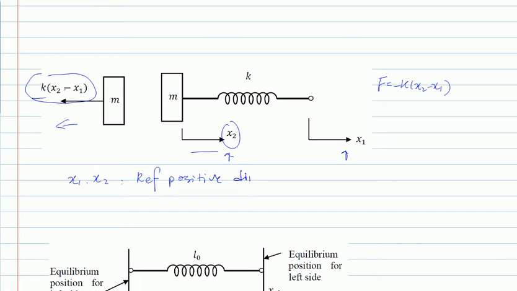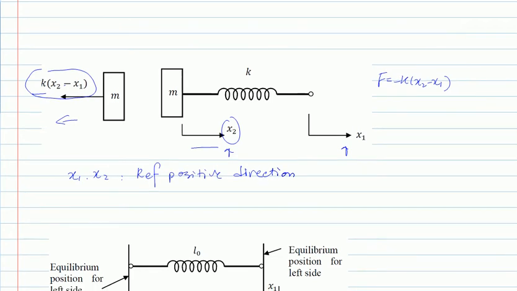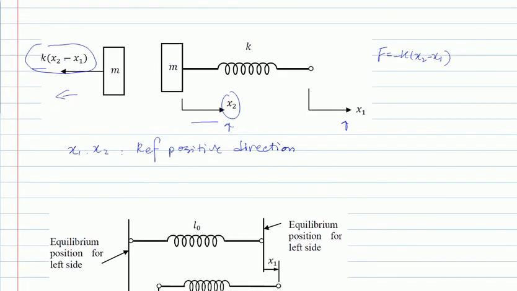It's like having a coordinate system, xy coordinates for example, where you label the positive direction, and that's the positive reference direction. The actual direction of motion, of course, is probably in the opposite direction. That's the idea here, the reference direction.